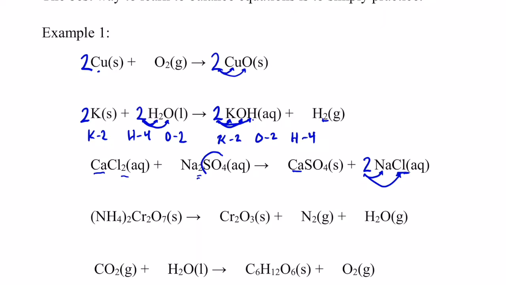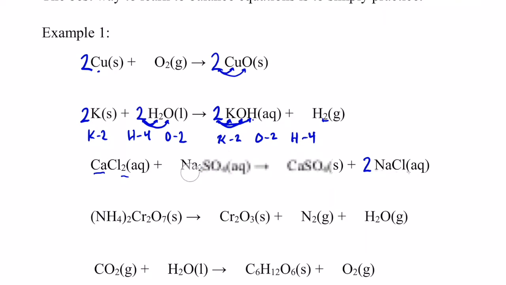And then do you notice that the sulfate, this polyatomic, travels as a group? If you see the polyatomic traveling as a group, you can balance it as a group. So if there's 1 sulfate on this side and 1 sulfate on this side, they balance. So let's erase these arrows and other things I've drawn in there, because they might confuse us a little bit.